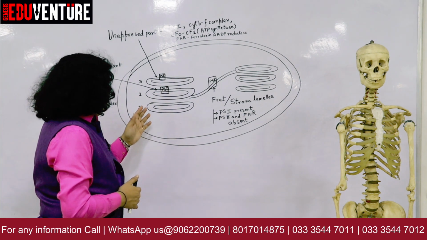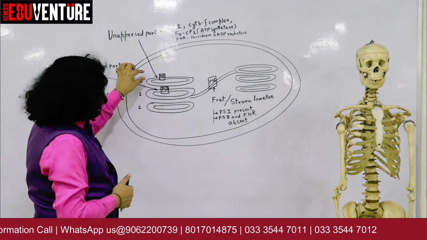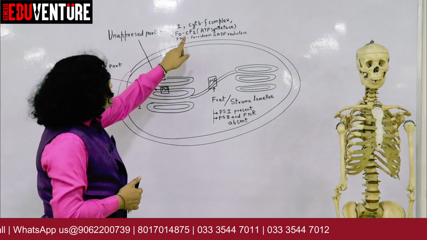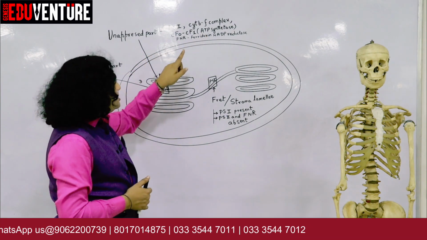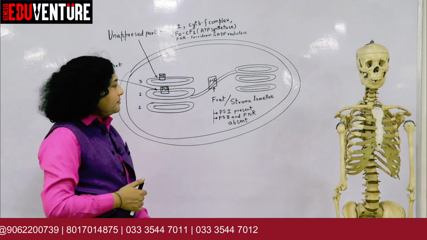So basically photosystems are arranged in this manner. On the unappressed region, photosystem 1 is present, cytochrome BF complex is present, along with that ATP synthase and FNR are present.